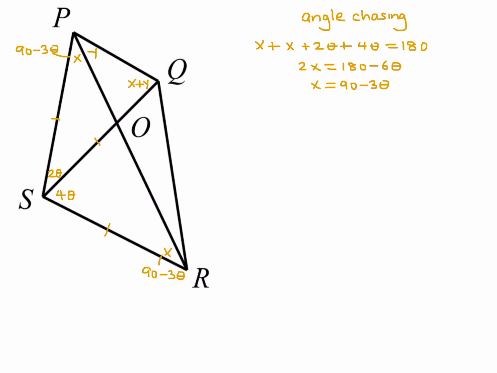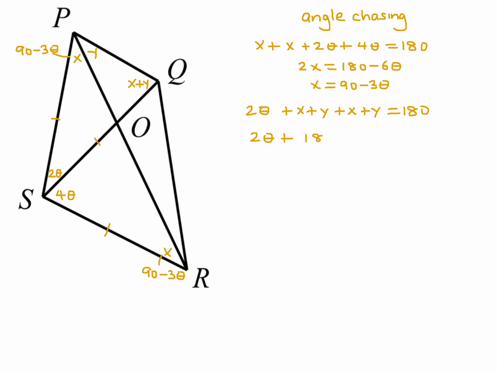Okay, again, angle chasing. So let's see, I guess we're using this triangle. So that means 2 theta plus x plus y is equal to 180. And x we actually know. So it's 2 theta plus 2x, but x is 90 minus 3 theta.